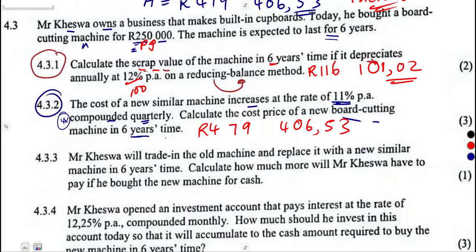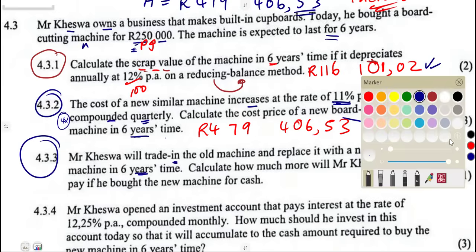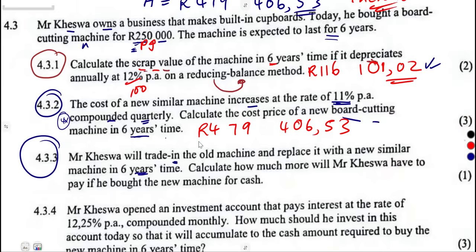What type of condition is it that you're given? Then 4.3.3, we are given that Mr. Mukwesa will trade in, will bring the machine which is now at this value over 6 years. The machine for trade in. But is trading in for what? For a machine which is now at this value after 6 years.